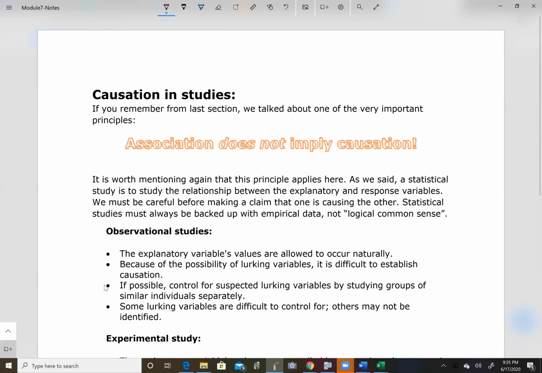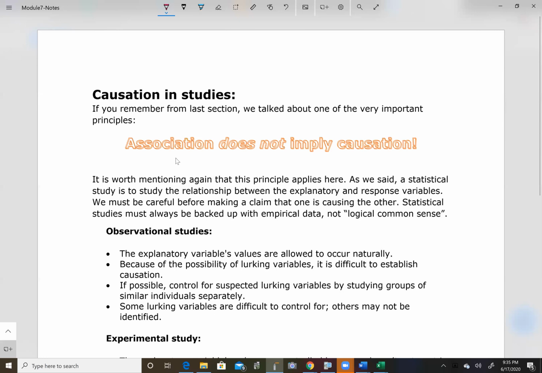As a matter of fact, recently there's been a bunch of studies showing all of the benefits of coffee, which makes me feel better. But that's what that means. Association does not imply causation. So there was a strong association between drinking coffee and all of these problems, right? But it wasn't the coffee that was causing these problems.